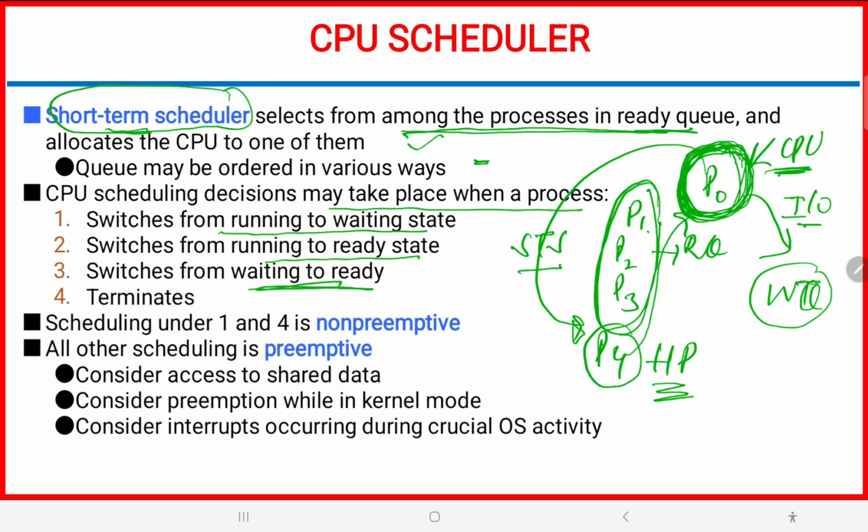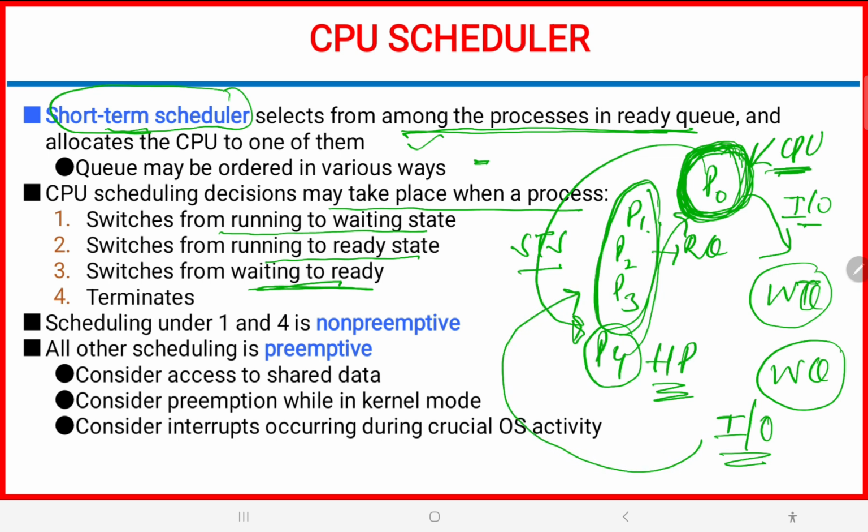Now what happens over here? Suppose there was a process which was earlier in the waiting queue, and it was waiting for some IO activity. Once that IO activity is over, that process is supposed to move into the ready queue. Let's assume that this process, which has just completed its IO activity, is of higher priority.